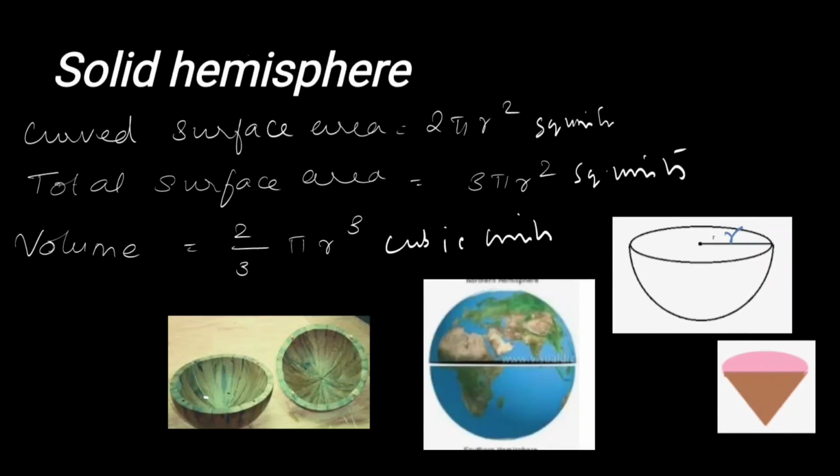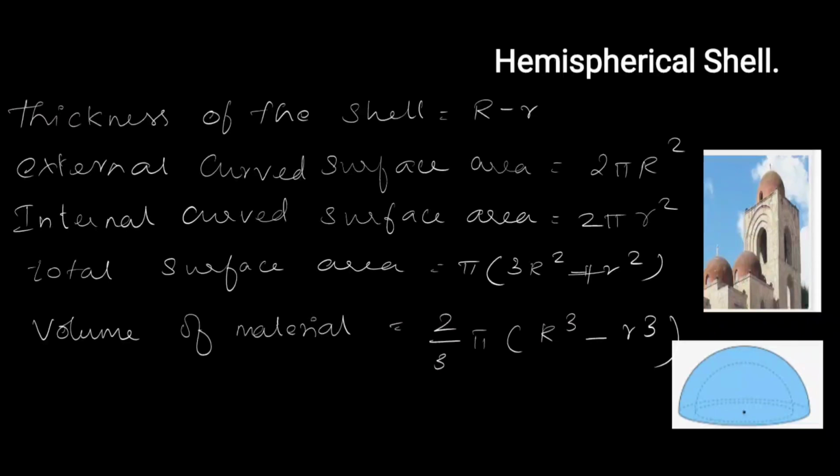Moving on to next, a hemispherical shell. In the same way, as I mentioned before, a shell is nothing but the inner part has an empty space in it. So in the sphere, if it has empty space, it is a spherical shell. In the same way, when the hemisphere has empty space, it is called a hemispherical shell.